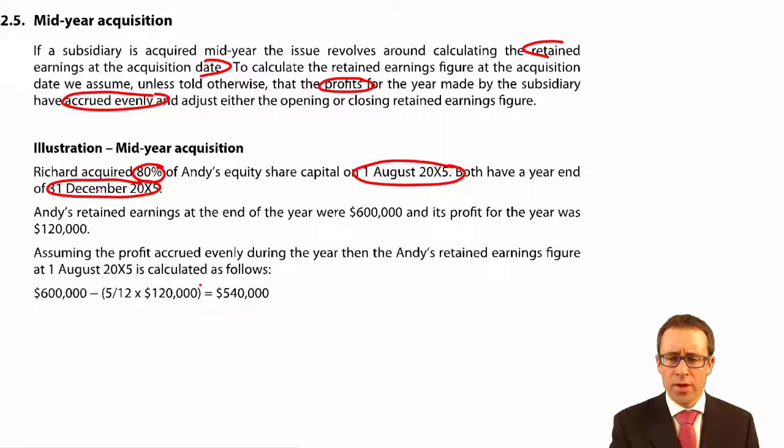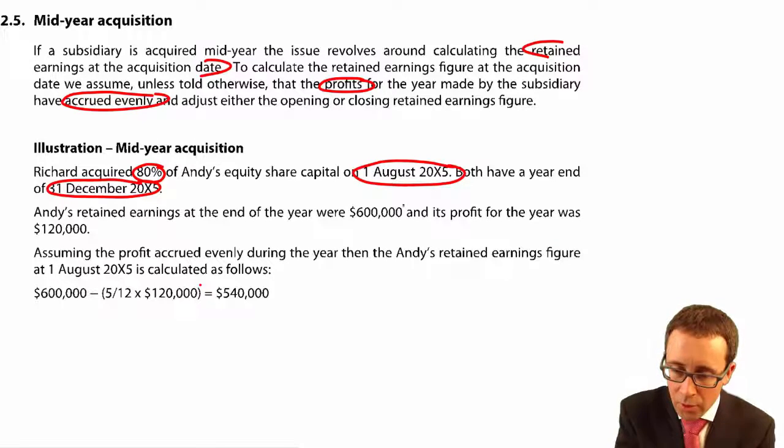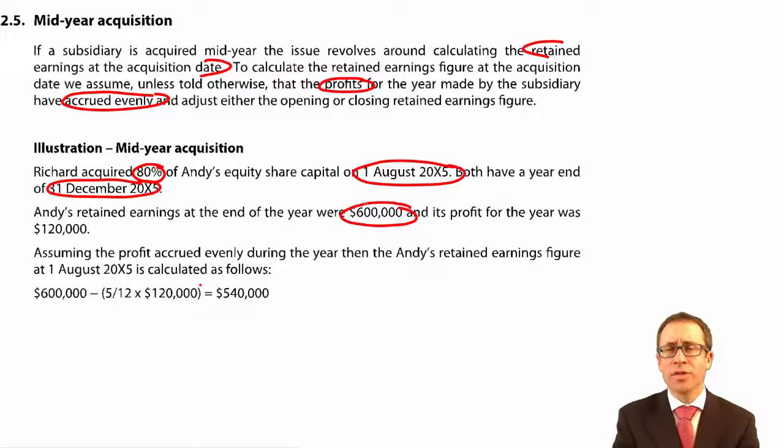It's done partway through the year. It says Andy's retained earnings at the end of the year was 600,000 and its profits were 120. Given that we have the closing retained earnings of 600, it's that figure that we're going to adjust, working backwards to get to the retained earnings at acquisition.